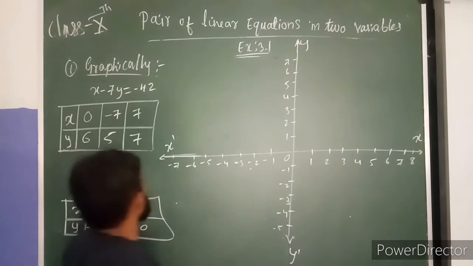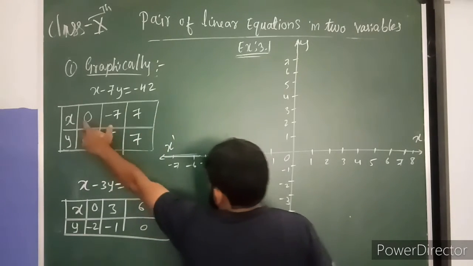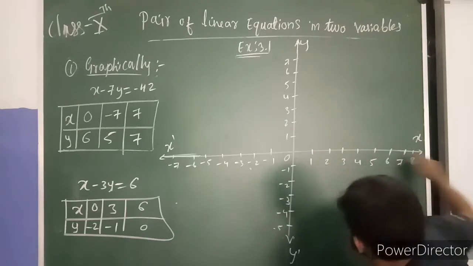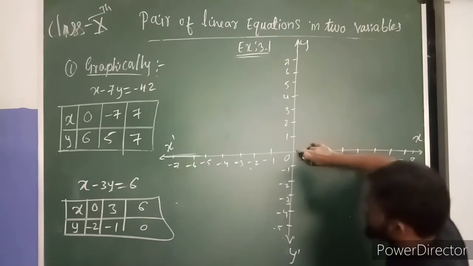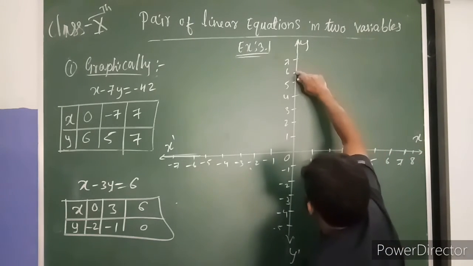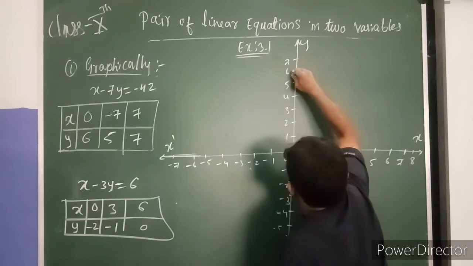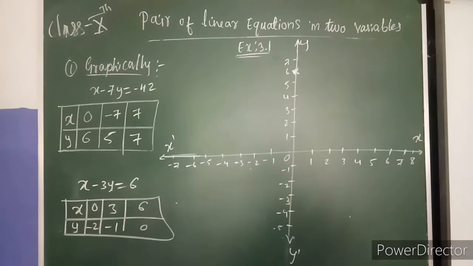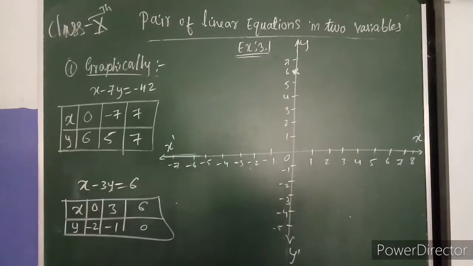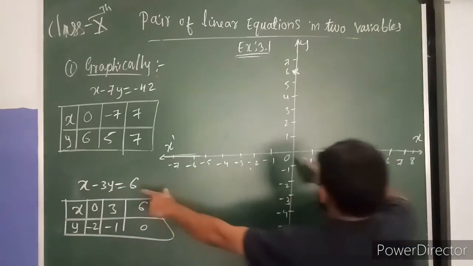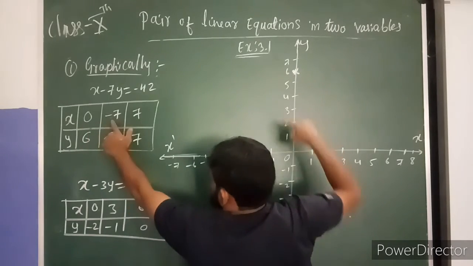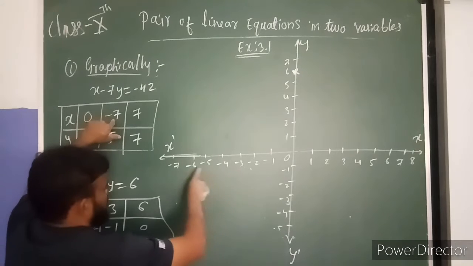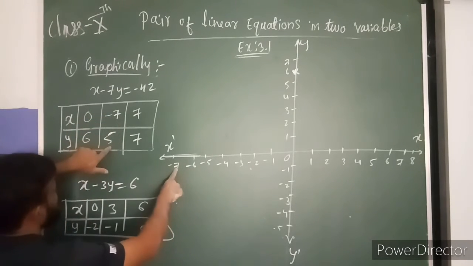Right? According to the first box, x is 0, y is where? X is 0, this is the x-axis, and y where will it go? 6, put a star. That is first x is 0 and y is 6. Second one, x is minus 7 on the x-axis, and y where was it going?